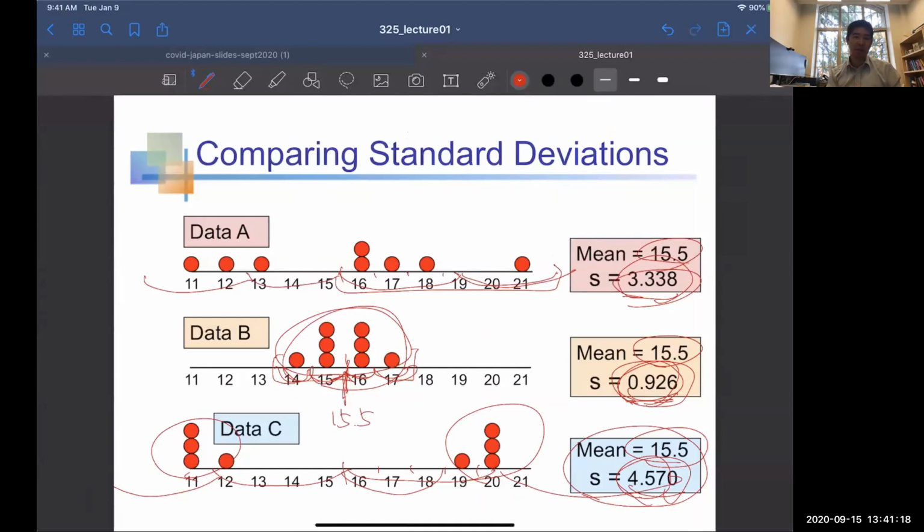You only report 2 numbers, the mean and the standard deviation, and that's what you see in newspapers and magazines whenever they report survey data like presidential election voting. They often report not only the mean, and recently they often report the standard deviation. How are you going to interpret it? Well, you can immediately start picturing where the data lies by taking 2 standard deviations away from the mean.